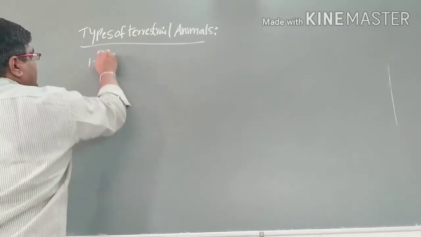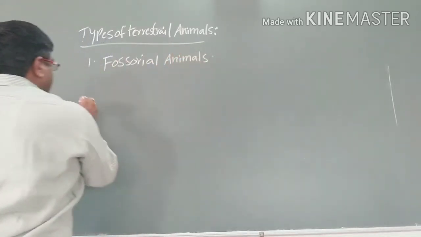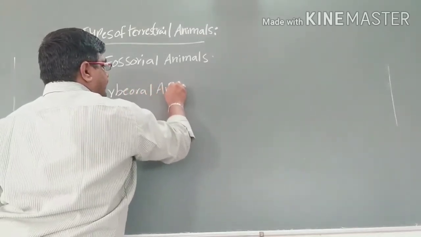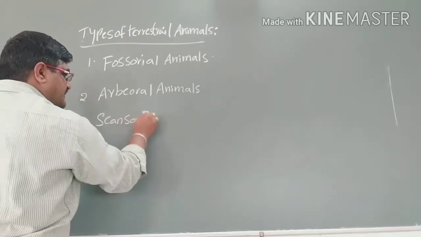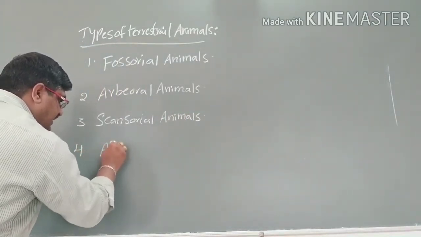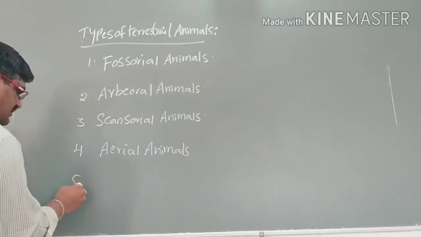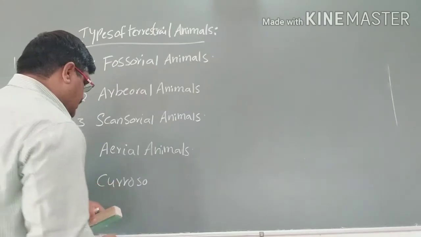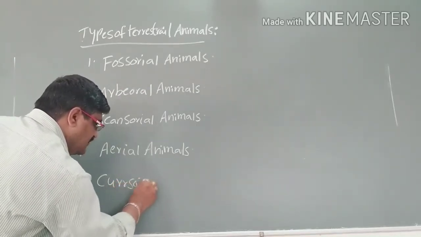The first one is fossorial animals, the second is arboreal animals, the third is scansorial animals, the fourth is aerial animals, and lastly the fifth one is cursorial animals.